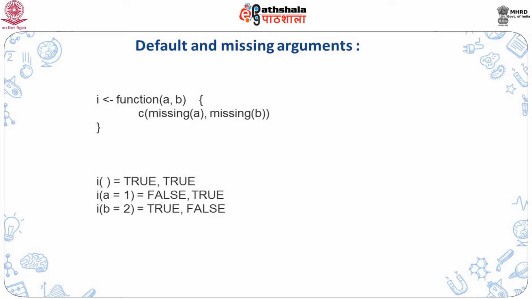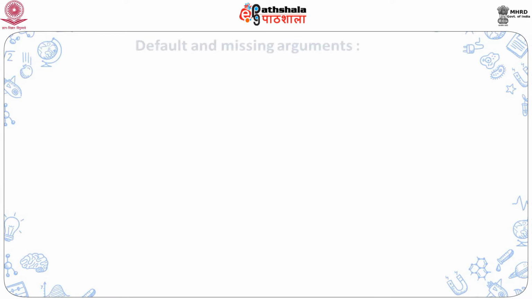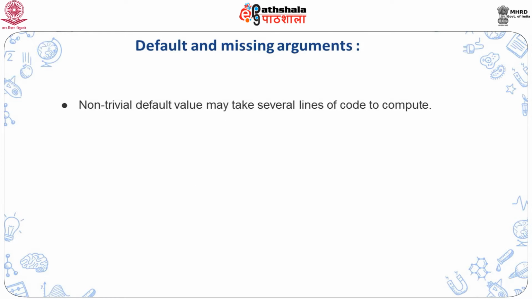Here, since a is missing, the missing(a) statement is TRUE, so we have TRUE in the first place, and in the second place b is there, so missing(b) is FALSE.